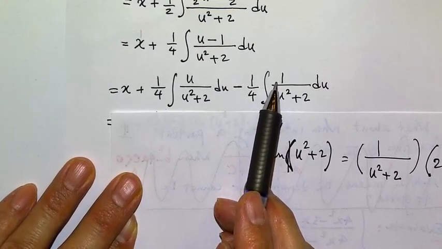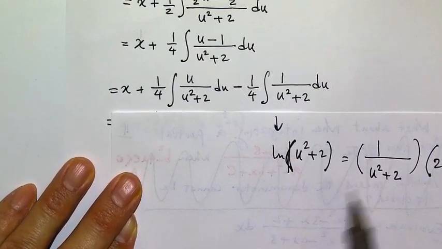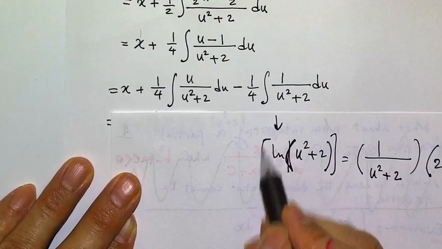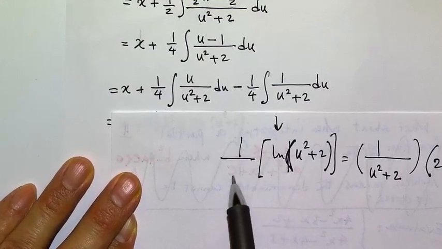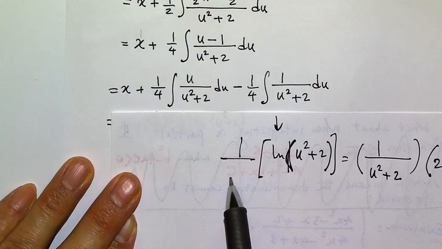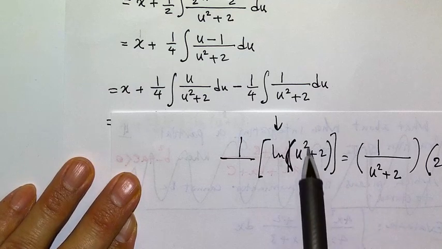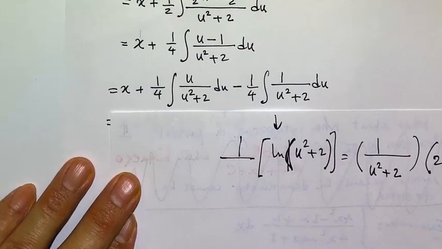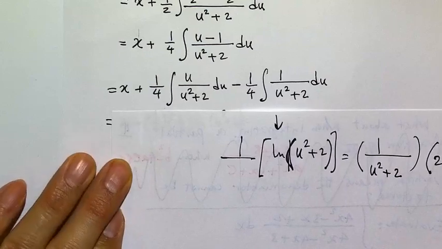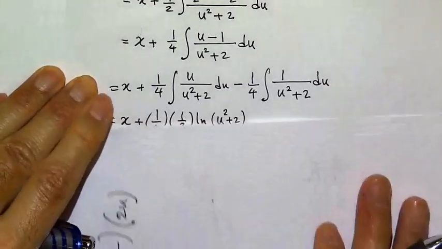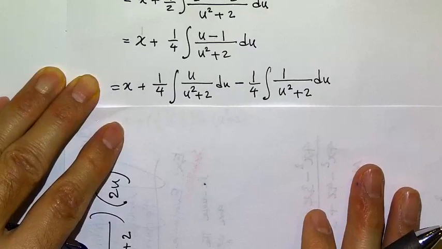But we have a 1 there, not 2u. So we have to divide this by 2u, or let's see. Oh, so this is actually easier than that. So sorry, no, let me correct myself.